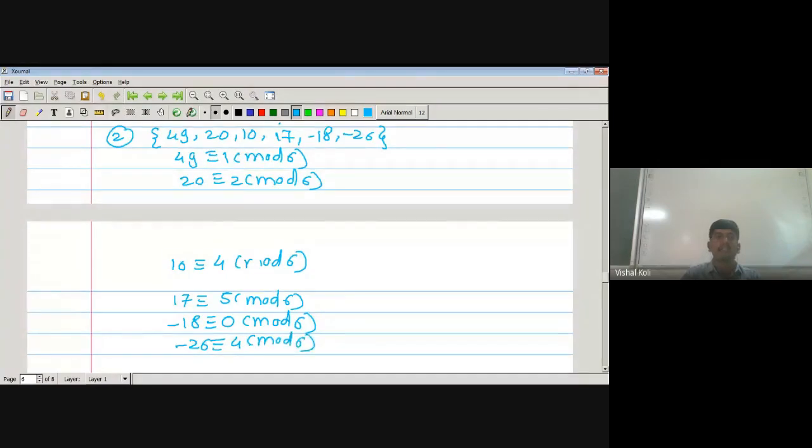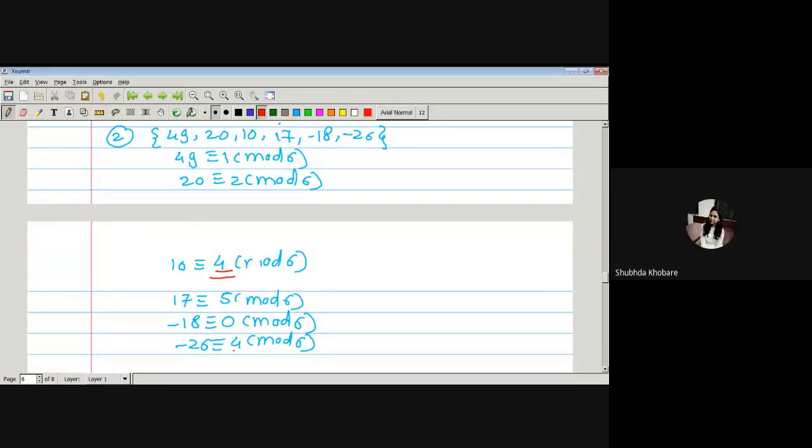As here the integers 10 and minus 26 are congruent to the same remainders, are the remainders the same for both? Yes, sir.